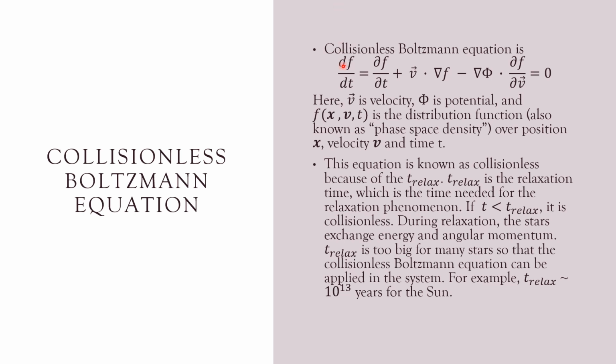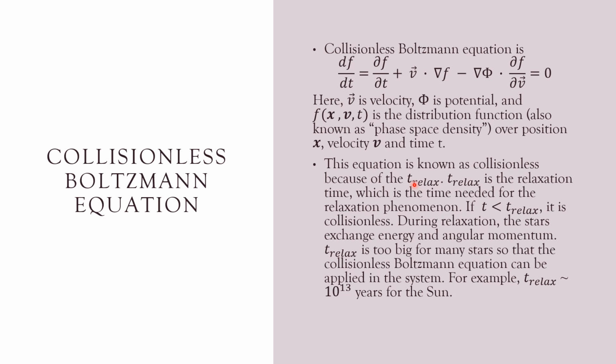What makes this equation fascinating is its collisionless nature. During the two-body relaxation phenomenon, stars exchange energy and angular momentum. It requires time to do this process, which is known as relaxation time, that we have denoted as T relax. But for many stars, T relax is immense.